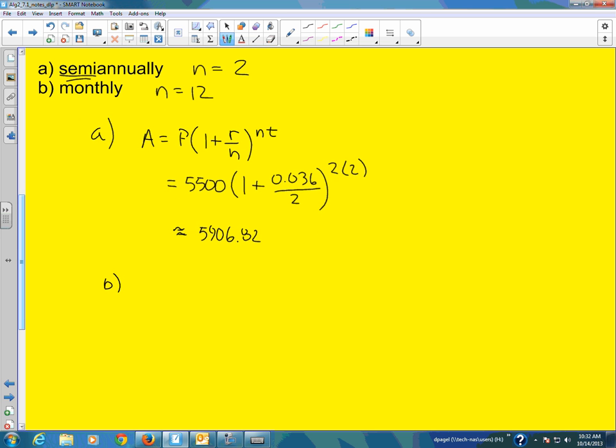What about if we compounded monthly? Now I have 5,500 times 1 plus 0.036 over 12, raised to 12 times 2, or 24 periods in which I'm compounding. Same thing in terms of estimating my values.